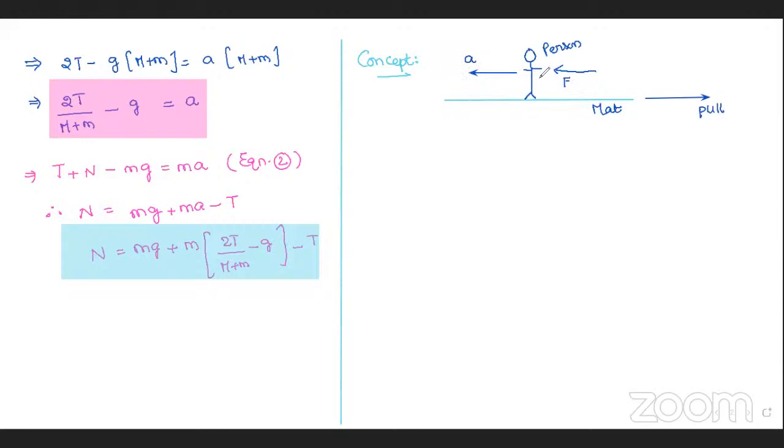Five words. Here the question is, you pull the mat without touching the person, and the person falls back with some acceleration. My question is, without applying a force, how did he fall back according to Newton's laws?